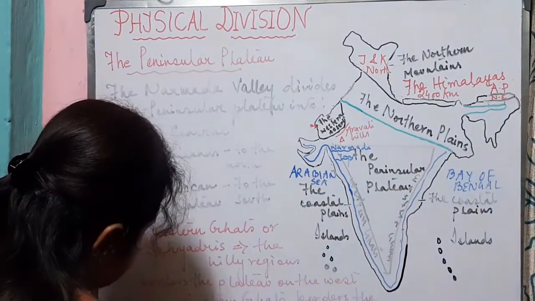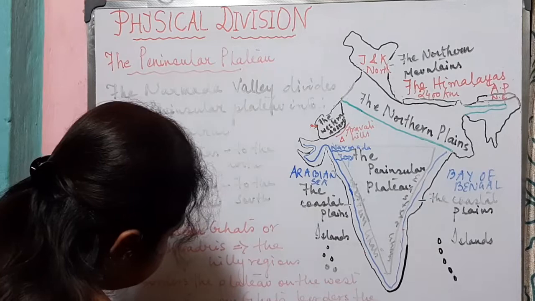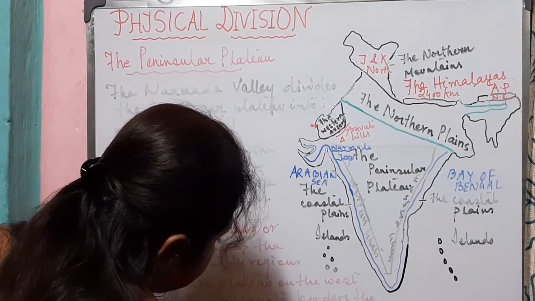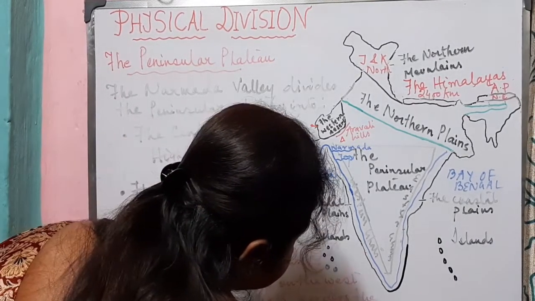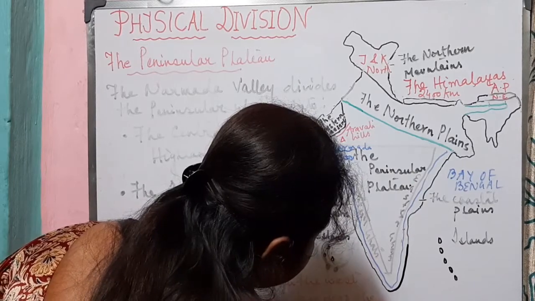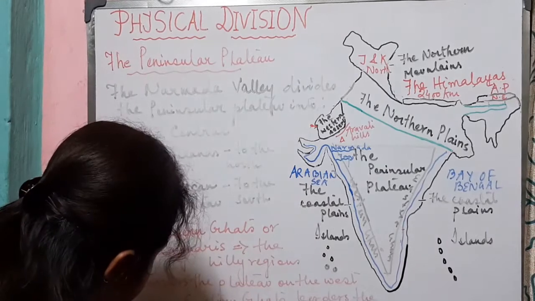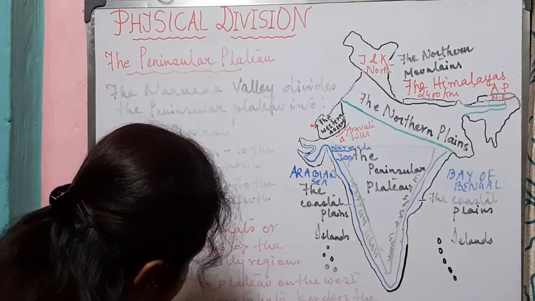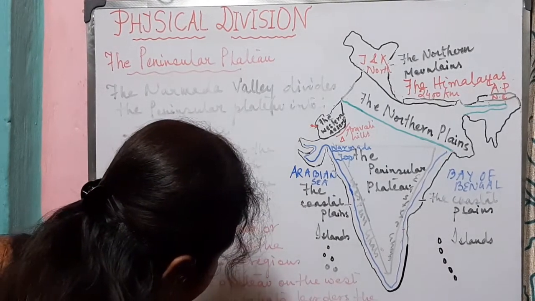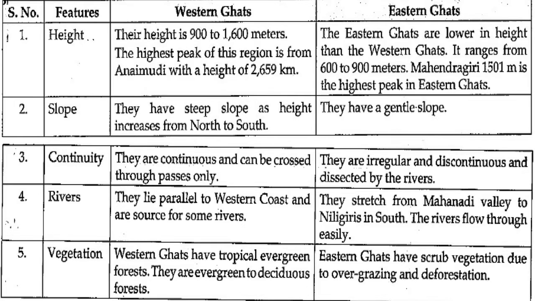Now we will see that the Western Ghats are continuous, whereas the Eastern Ghats are broken and uneven. So the Eastern Ghats are broken and uneven.